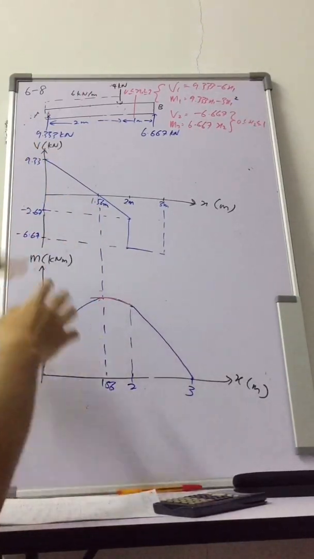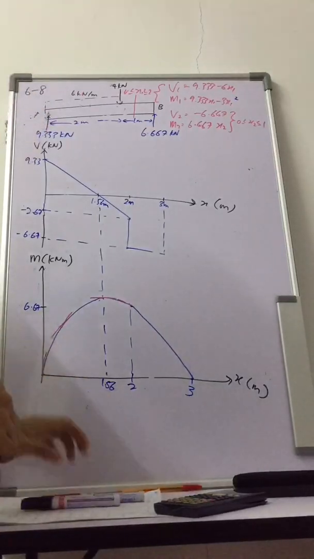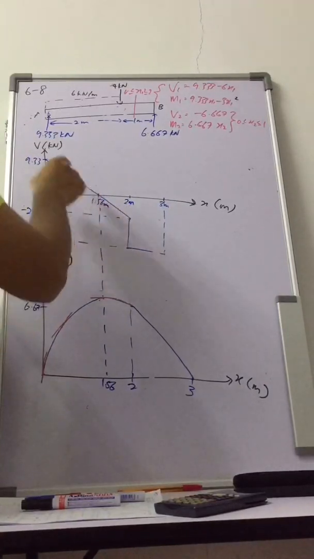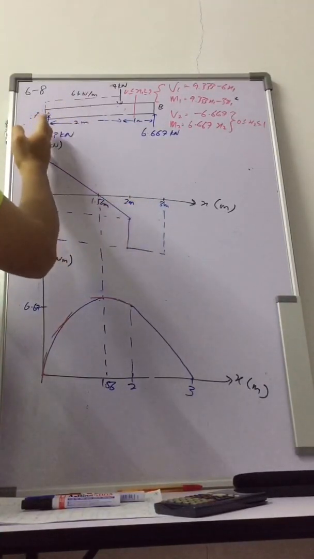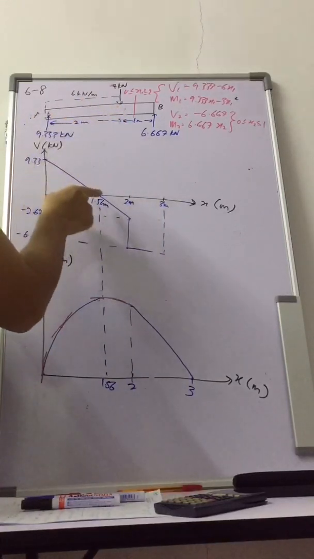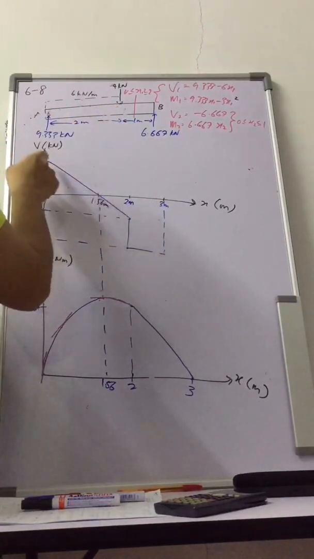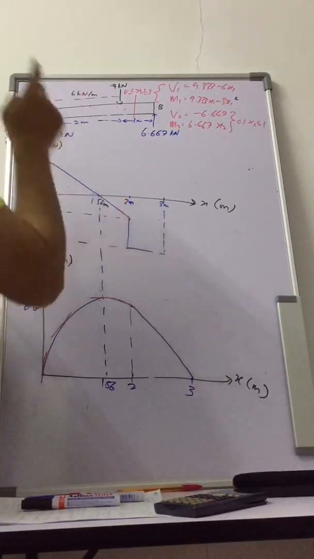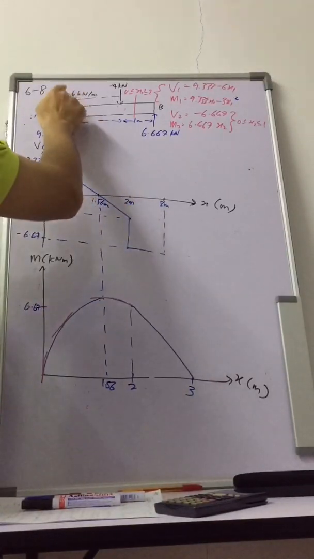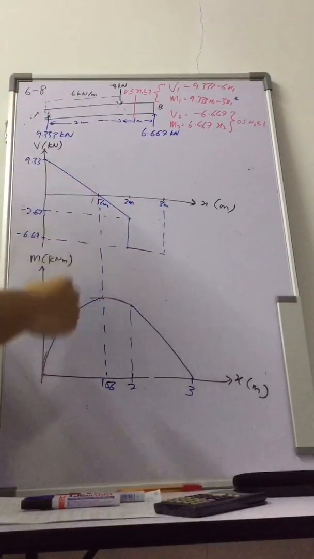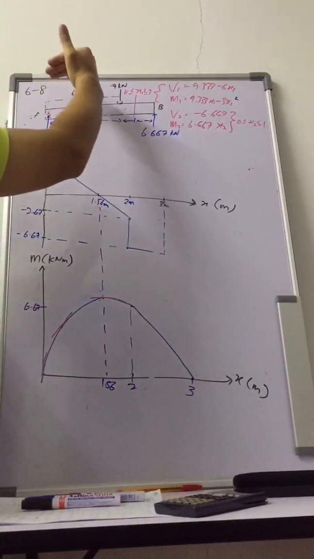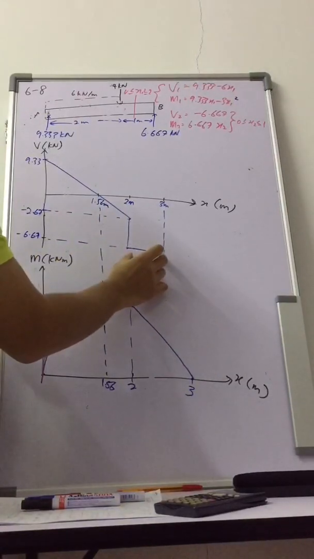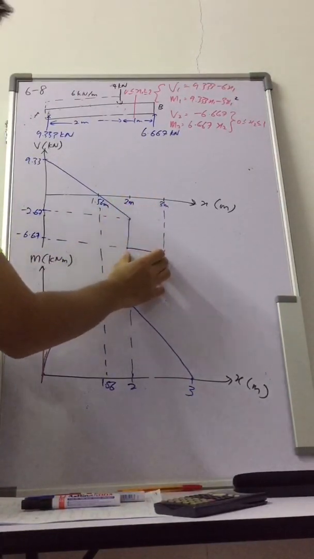Alright? So let's go back to the shear force diagram for a while and interpret that. In this region, between x1 equals 0 and x1 equals 2, the shear force diagram has a negative slope. If you find this slope, the value will be minus 6, because it's downwards. 6 kilonewton per meter is downwards. And the slope between 2 and 3 is 0.